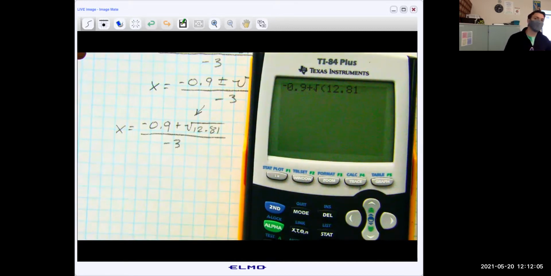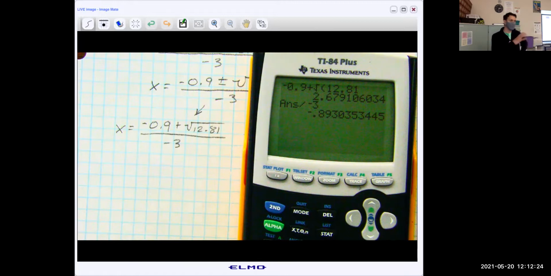So I'm going to have it solve it. And look at that. That's an irrational decimal. We're not going to round it. You're just going to leave it there in your calculator because I now need to divide it by -3. See how I did that? You plug in the top of the fraction, and then once you get to the answer, you divide it by whatever was on the bottom.